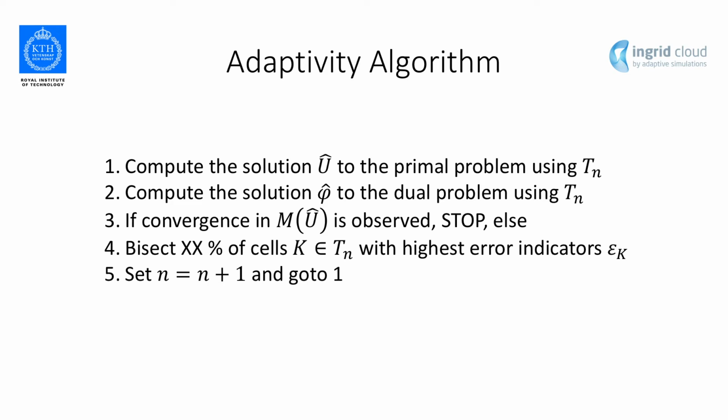We look if we have convergence in the quantity of interest, as I said, for example, in drag. If we have achieved convergence, then we stop. If not, then we bisect a certain percentage of the elements which have the highest contribution to the error. For the benchmarks I will show later on, we had a percentage between 10 to 15%.